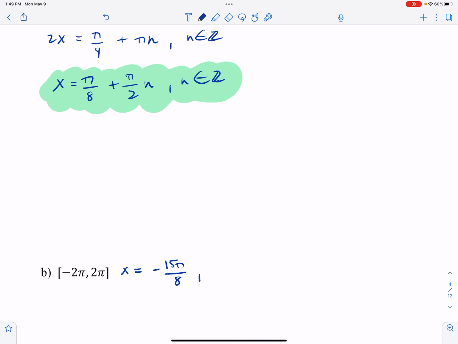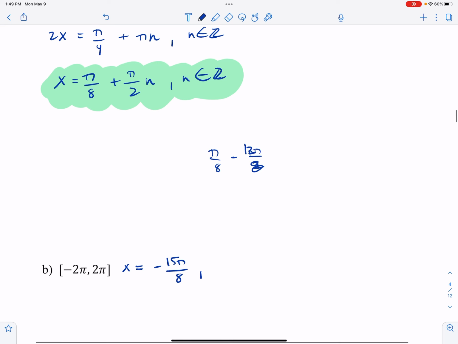So then if I let n equal to negative 3, well, pi over 8 minus 3 pi over 2 would be minus 12 pi over 8. So that would be negative 11 pi over 8. Okay.